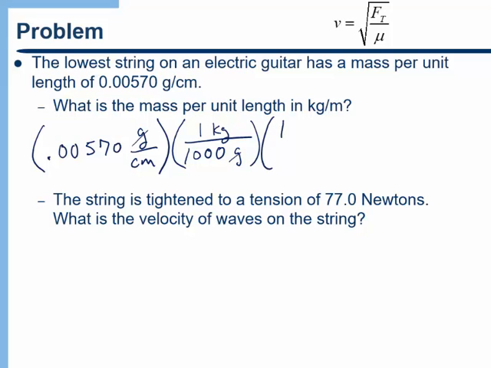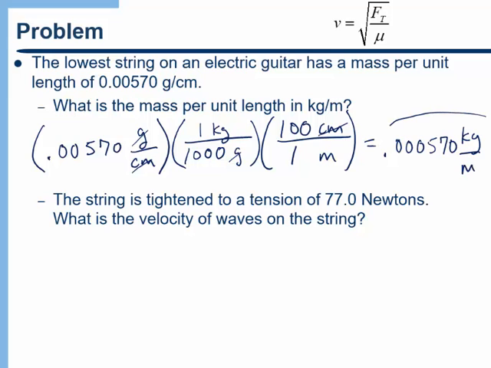We know that there are 100 centimeters in 1 meter, and therefore centimeters and centimeters will cancel. And now I just have to multiply across the top and divide by the bottom. And we can see that what we end up with is 0.000570 kilograms per meter.